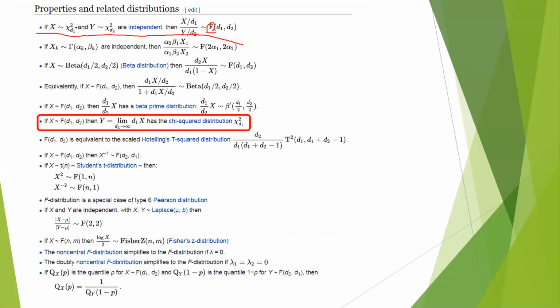Because for chi-square we only have 1 degree of freedom for each random variable. But when we construct a ratio of these two chi-square random variables, then we have 2 degrees of freedom here.